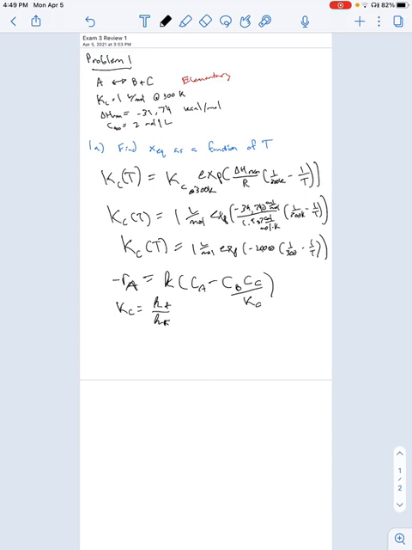At equilibrium, this will equal 0. So then we can simplify this equation to Ca minus Cb times Cc over Kc equals 0, where these should be equilibrium concentrations.